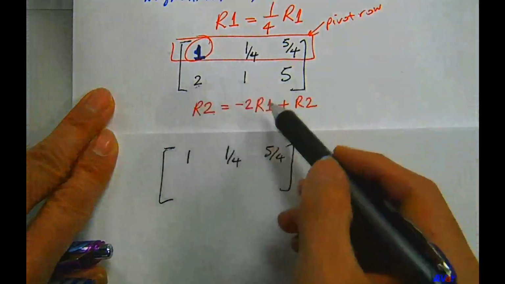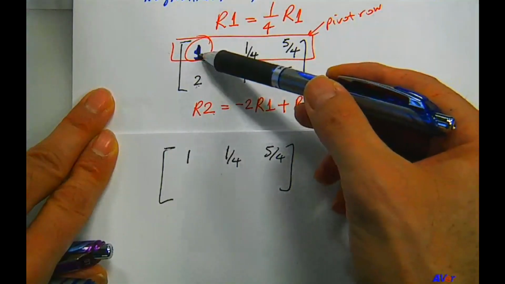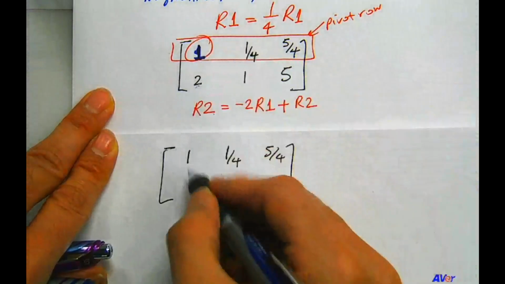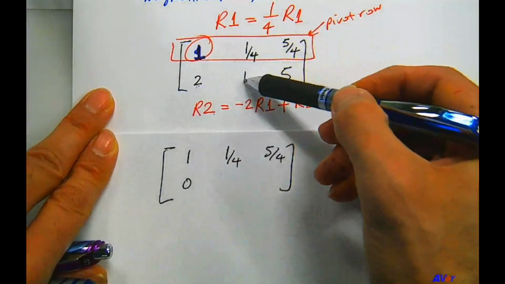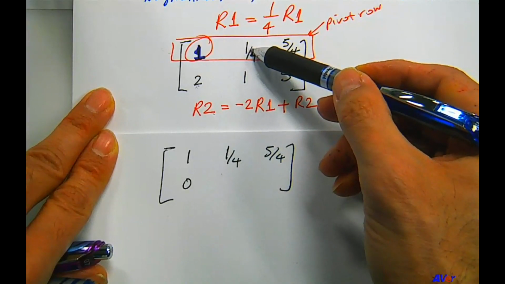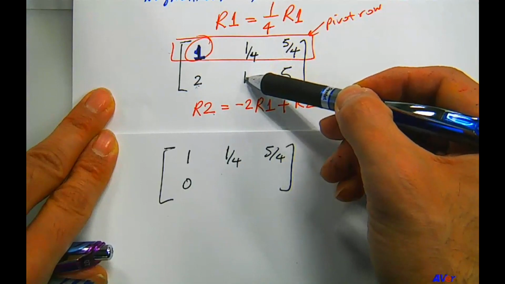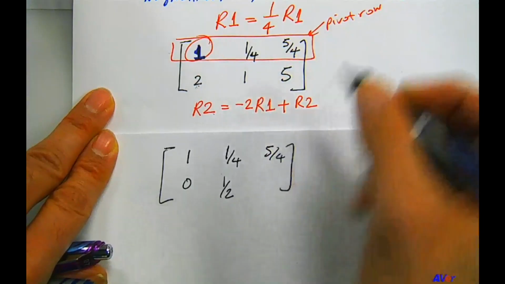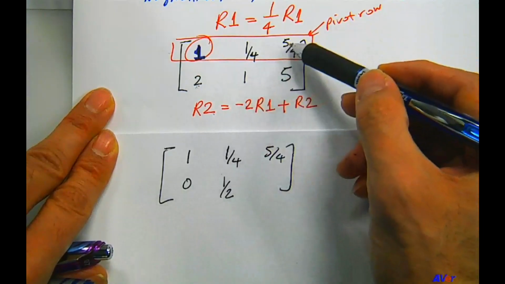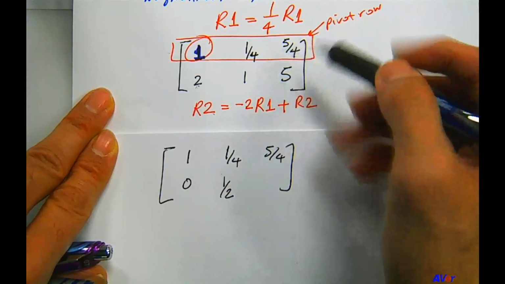Now, the second row is changing according to this row operation. -2 times 1 plus 2, 0. -2 times 1/4, that's -1/2 after simplifying. -1/2 plus 1 is +1/2. -2 times 5 over 4, that's -10 over 4.